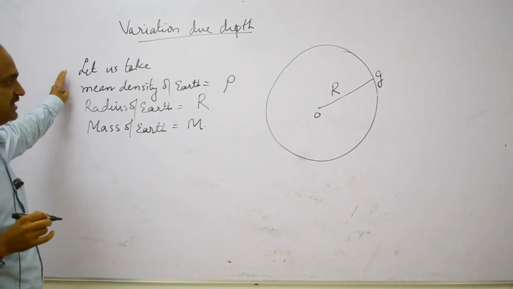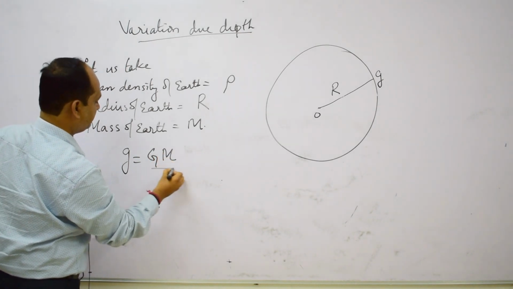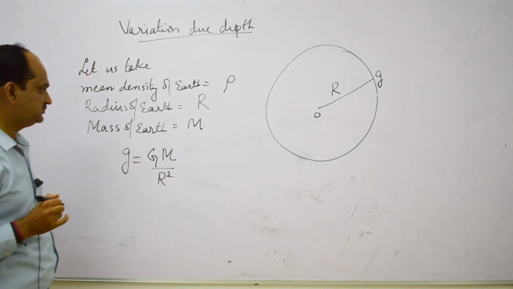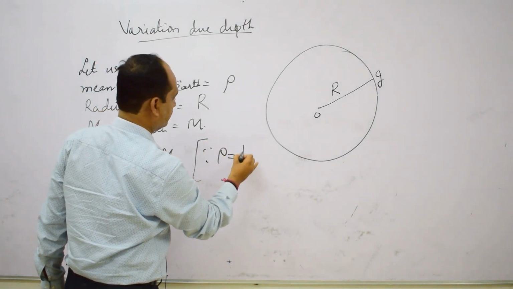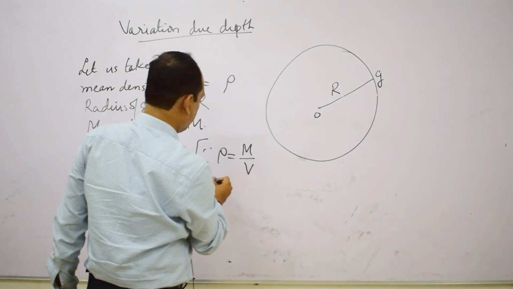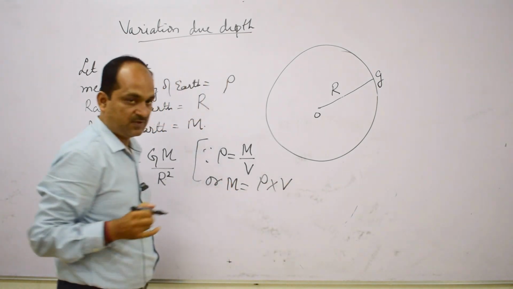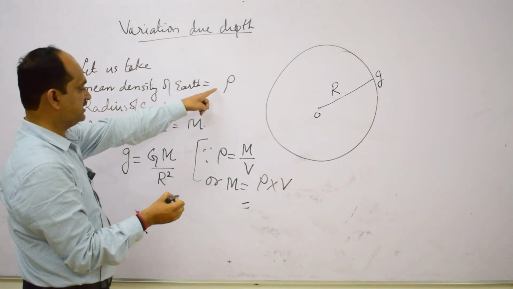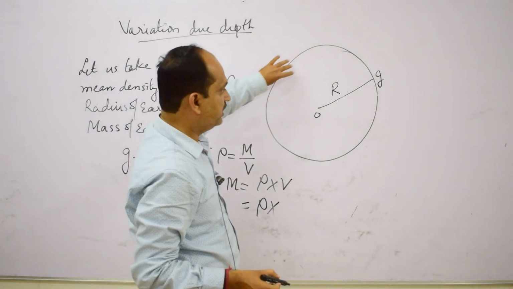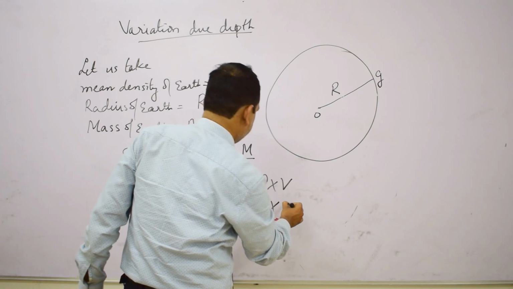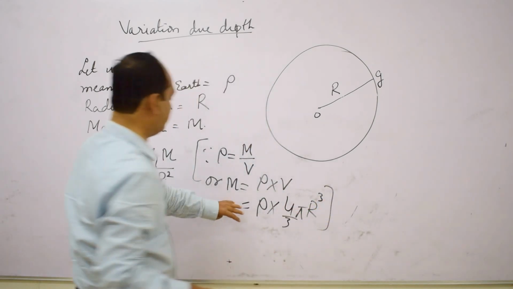From this we can say g = GM/R², and since we know that density is equal to mass upon volume, we can write mass is equal to density into volume. Density we are taking as rho, and earth we are taking as a sphere, so its volume is 4/3 πR³. So this is the value of mass.